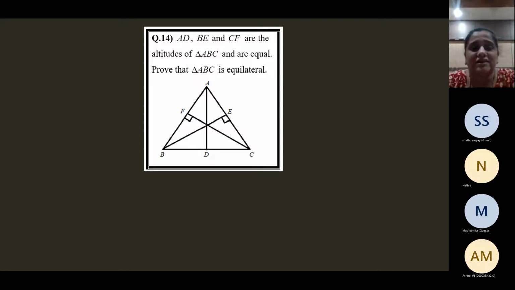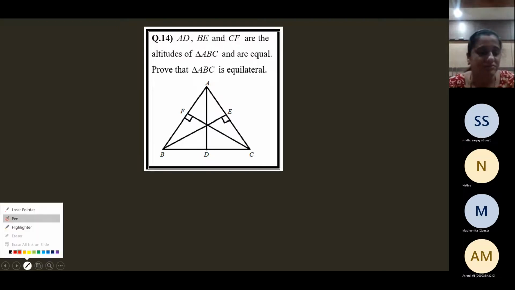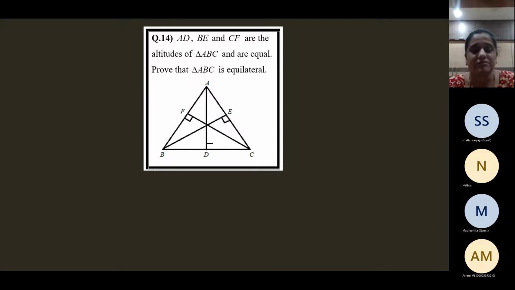AD is the altitude on the side BC. BE is the altitude. Okay, let me make it more clear. AD is the altitude. This is also 90 degrees, children. This is also 90. AD is the altitude from the vertex A on the side BC.